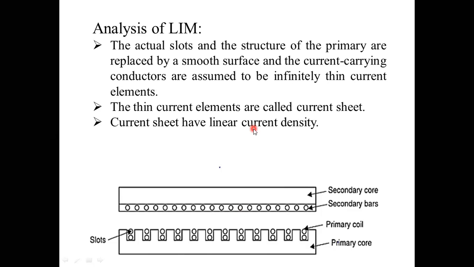These thin current elements are called current sheets, and the current sheets are assumed to have a linear current density, which comes from the flux. That is, the current sheet has linear current density.